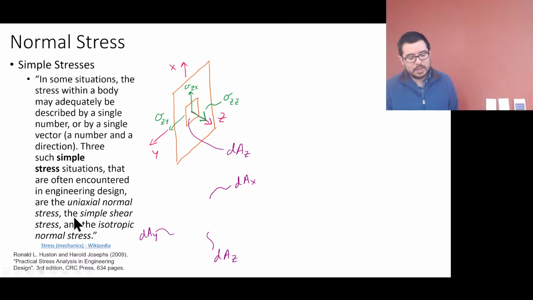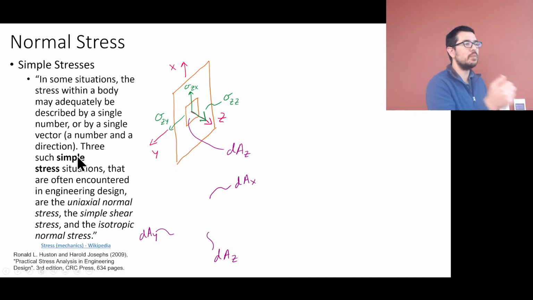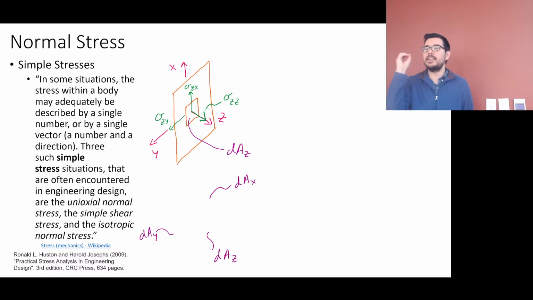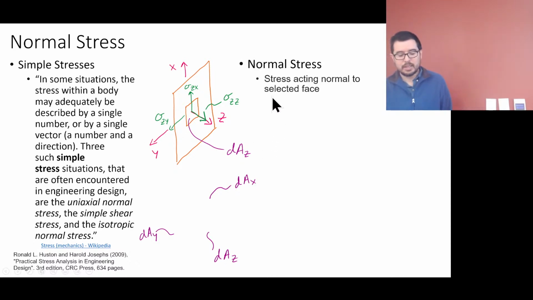But uniaxial normal stress essentially is saying, if this is one of those cases, just give me a scalar. One scalar will do. And in this case, that scalar is going to be the stress acting normal to the selected face.